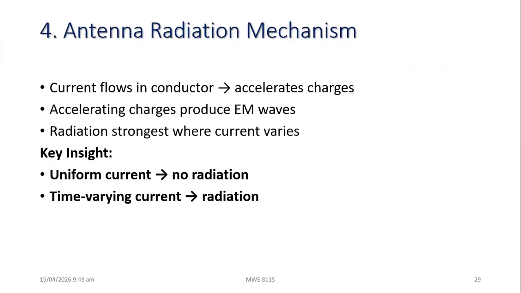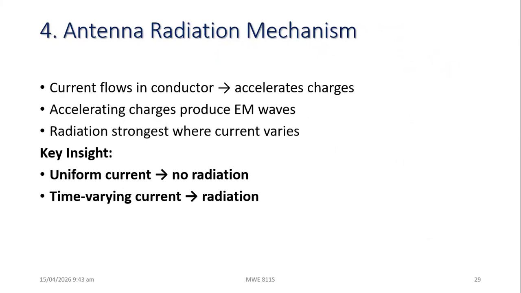So let's look at the radiation mechanism. How does an antenna really radiate energy? From a transmitter through the transmission line, current flows in a conductor.